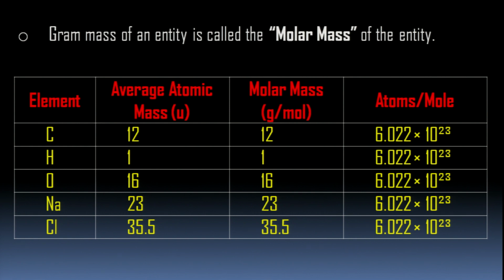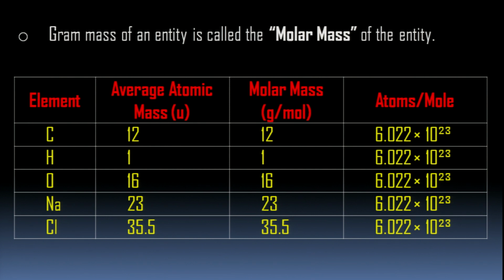Atomic mass is 1 U. Molar mass is 1 gram per mole. And 1 mole of hydrogen contains 6.022 × 10^23 number of hydrogen atoms. Don't forget. Similarly, 16 grams of oxygen contains 6.022 × 10^23 number of oxygen atoms. That is 1 mole of oxygen.